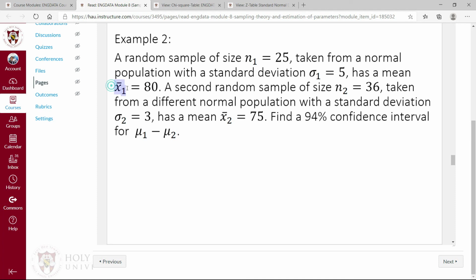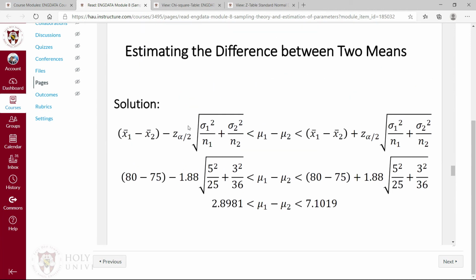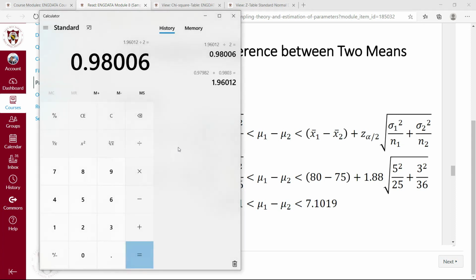The second has a sample size of 36, taken from a different normal population with a standard deviation of 3 and a mean of 75. Find the 94% confidence interval. Similar procedure to the previous problem using this formula, but the alpha z score, let's try to solve that.